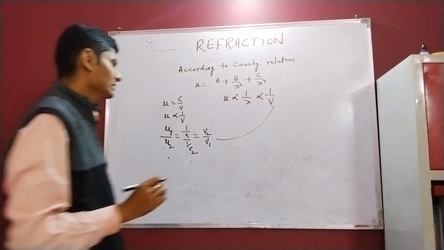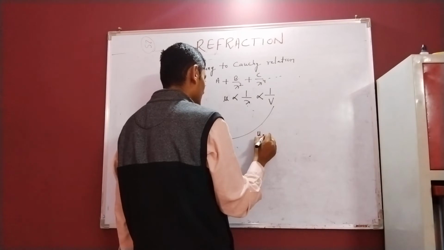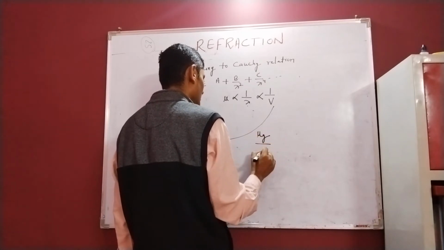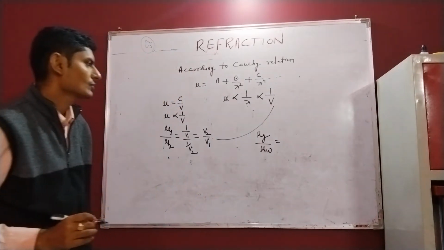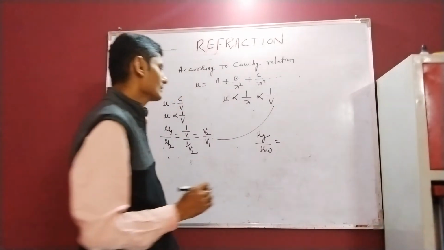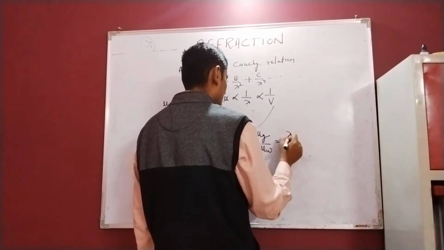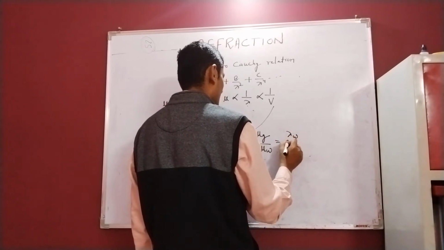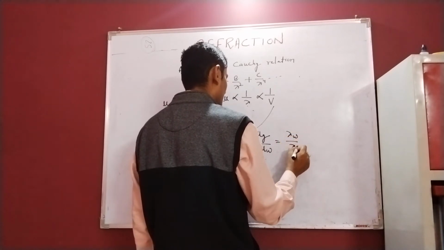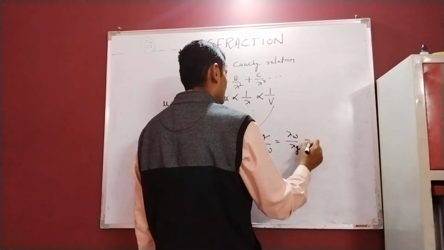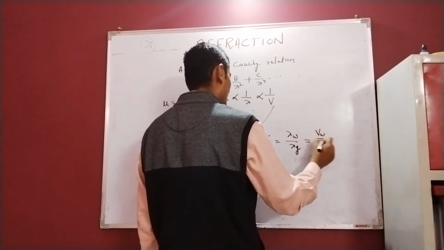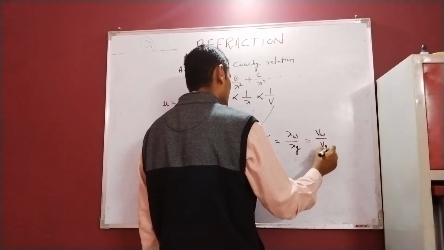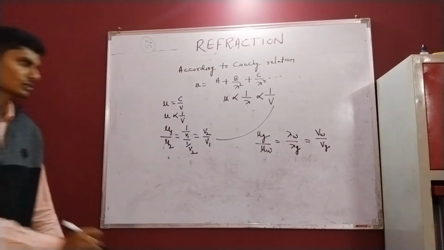So suppose we are writing mu glass upon mu water. Okay. So this will come out lambda water upon lambda glass, and this will come out speed in water upon speed in glass.